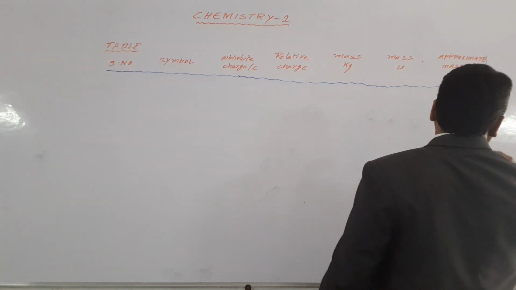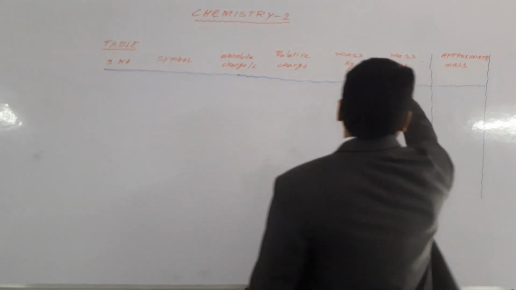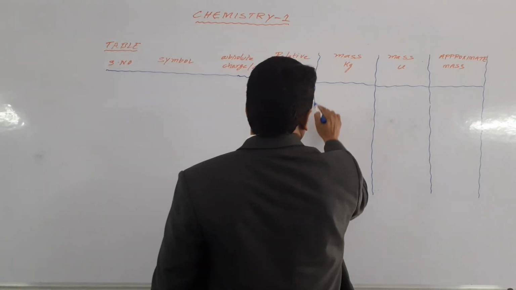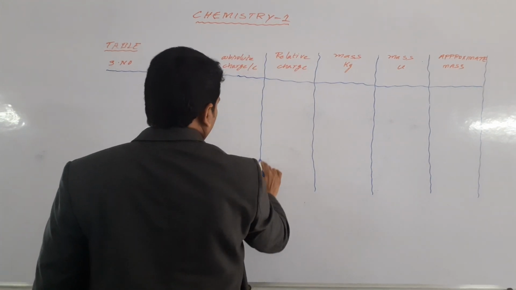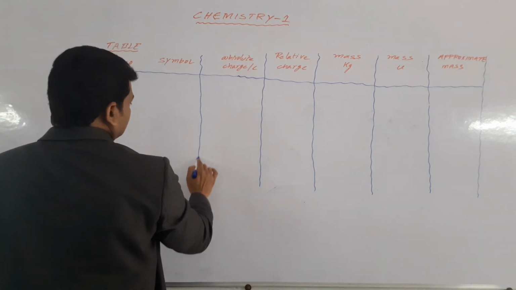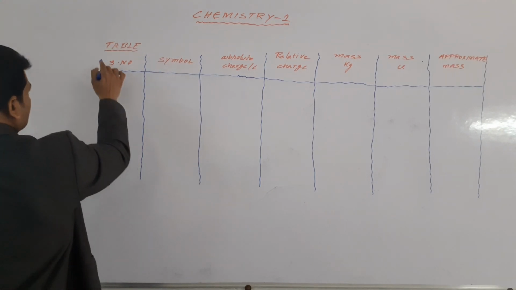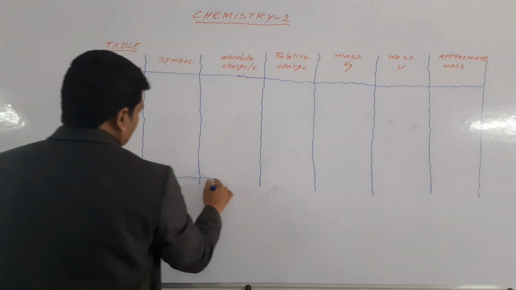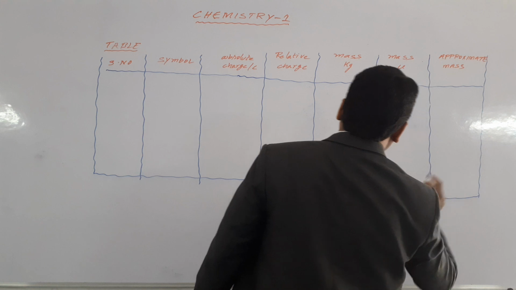Okay, so mass in units, mass in kgs, relative charge, absolute charge, symbol, and serial number I am going to take.